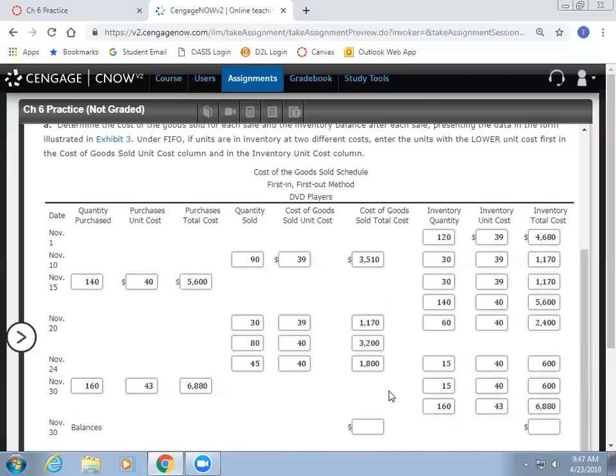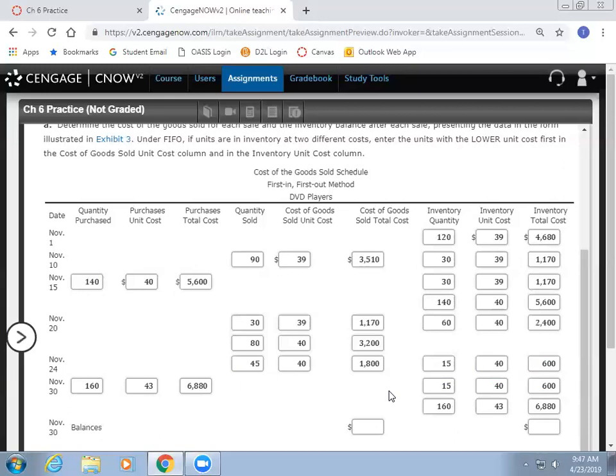And then on November 30th, they just want us to balance. So they want our total cost of goods sold for the month. And then they just want our ending inventory balance. Okay. So cost of goods sold.